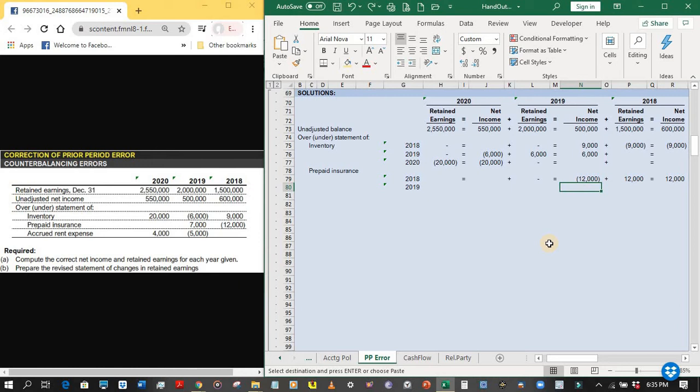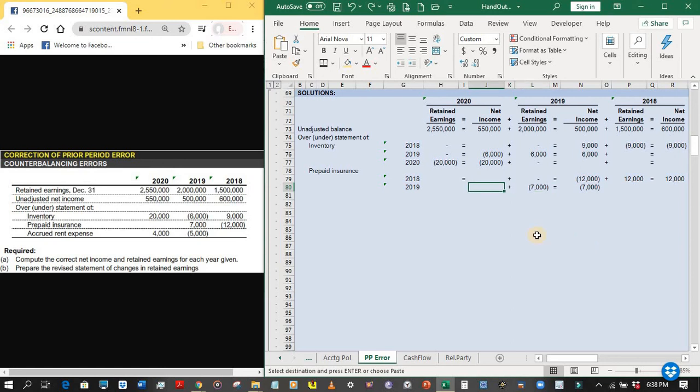And in order to correct the overstatement of 2019 net income, we need to deduct 7,000 pesos. Consequently, the retained earnings in 2019 is also overstated because the 500,000 net income in 2019 is part of the 2 million retained earnings. That is why, in order to correct the overstatement of the 2019 retained earnings, we need to deduct 7,000 from 2 million.